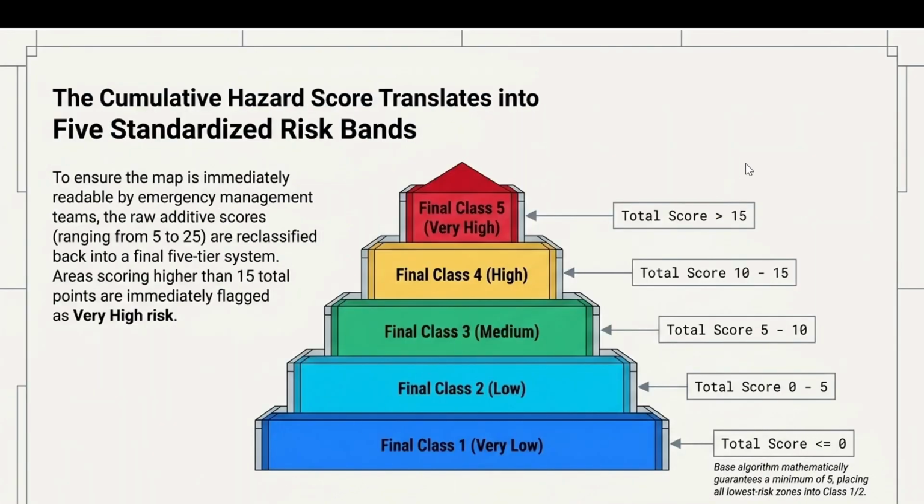You can see the total score and final class. If the value is greater than 15, it's very high; a total score of 10 to 15 is high; 5 to 10 is medium; 0 to 5 is low; and less than or equal to 0 is very low.